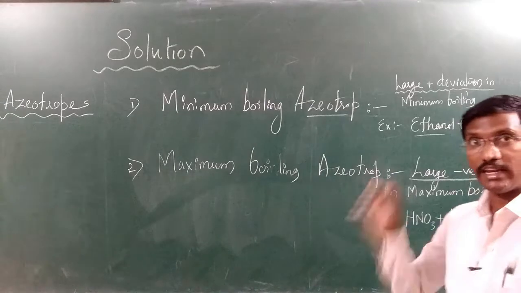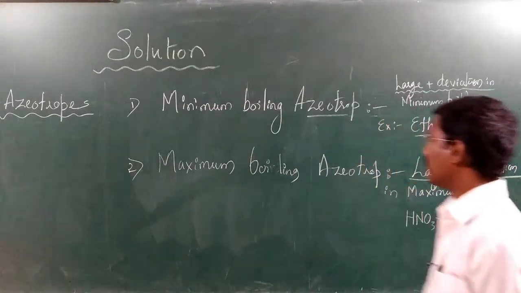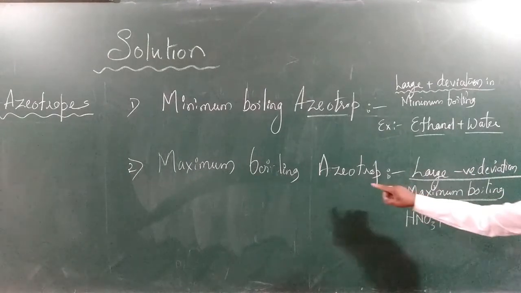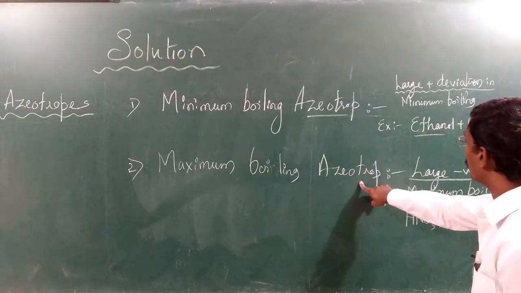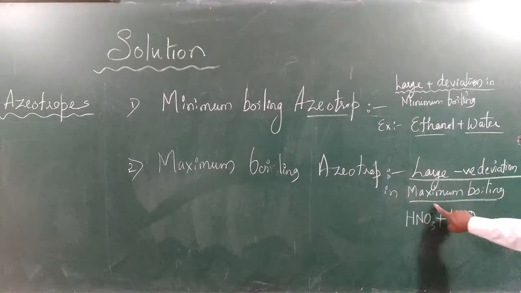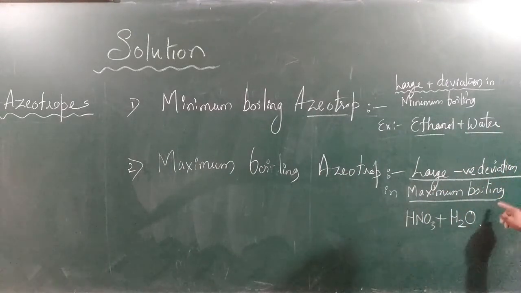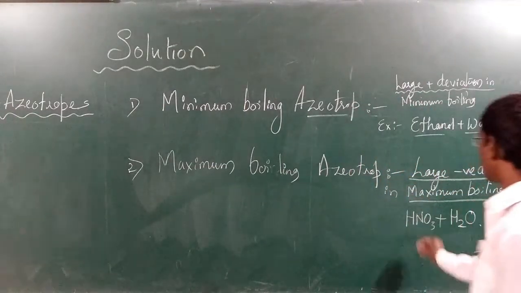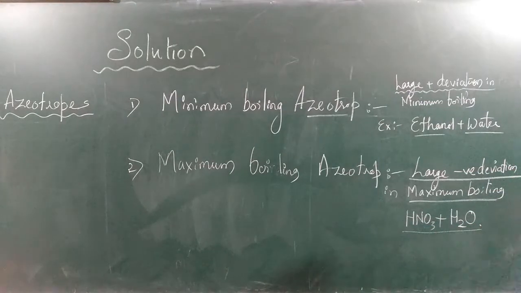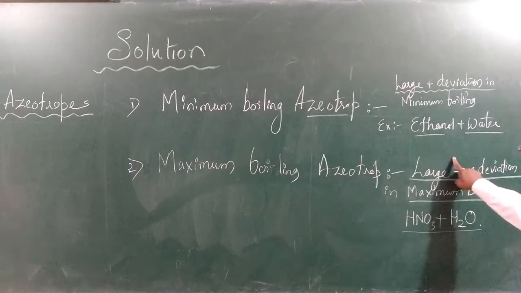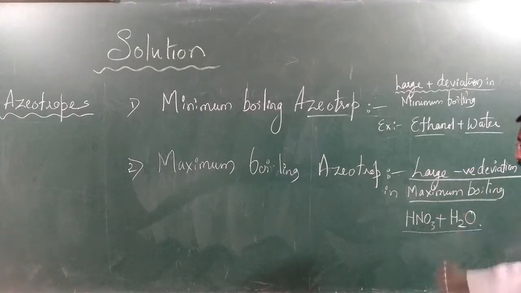Such azeotropes are called maximum boiling azeotropes. The example here is nitric acid and water. These undergo a larger negative deviation when we apply maximum temperature.